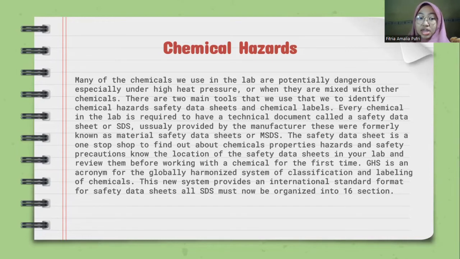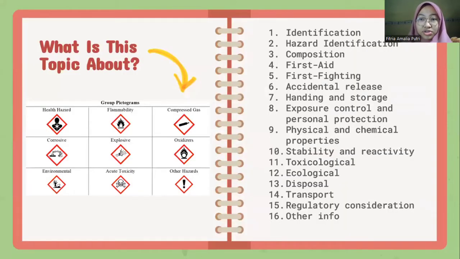GHS is an acronym for the Globally Harmonized System of Classification and Labeling of Chemicals. This new system provides an international standard format for safety data sheets. All SDS must now be organized into 16 sections. What are the 16 sections?